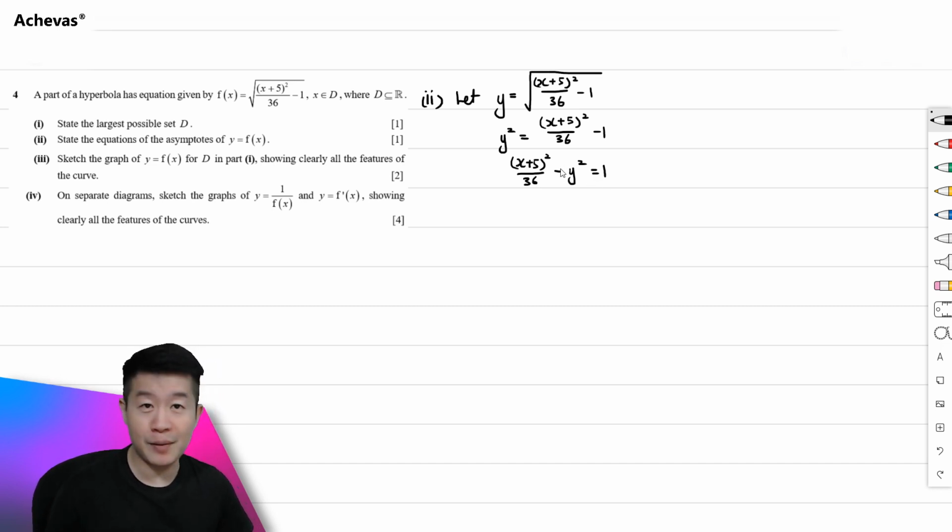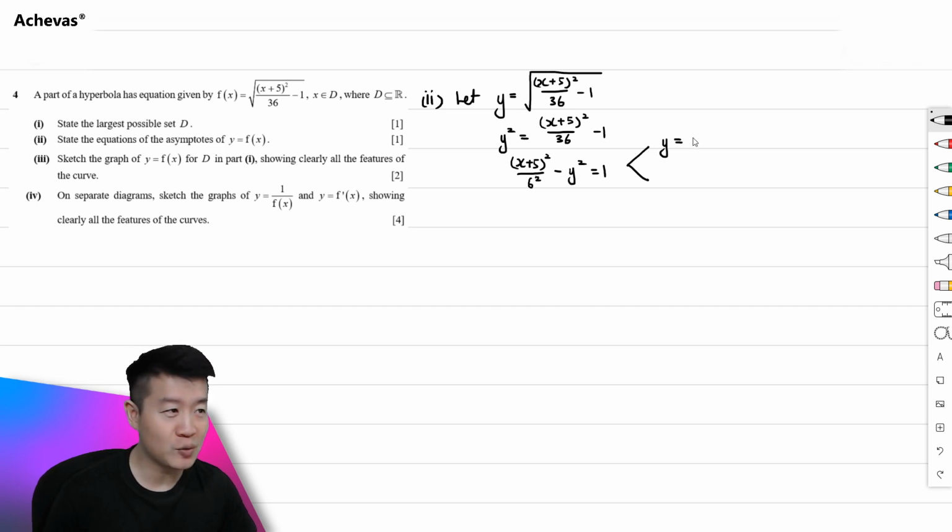So now we have a hyperbola, and from the equation of this hyperbola, we should be able to deduce the equation of the asymptotes. So there will be two asymptotes. Maybe let me just write it as 6 squared. I'm assuming that you have already memorized the equation of the asymptote, or at least know how to derive the equation of the asymptotes from the equation of the hyperbola.